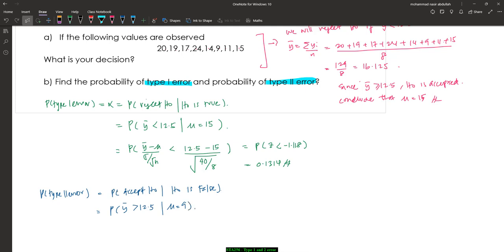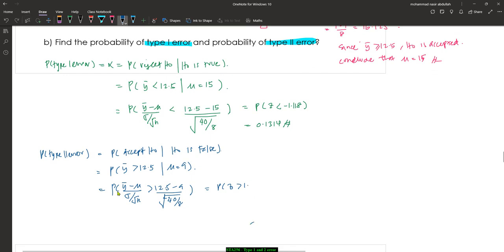Very simple, right? So probability of y bar minus mu divided by sigma over square root of n, 12.5 minus 9 divided by square root of 40 over 8. So this one should be probability of z more than 1.565, so this one should be 0.0582. Okay.